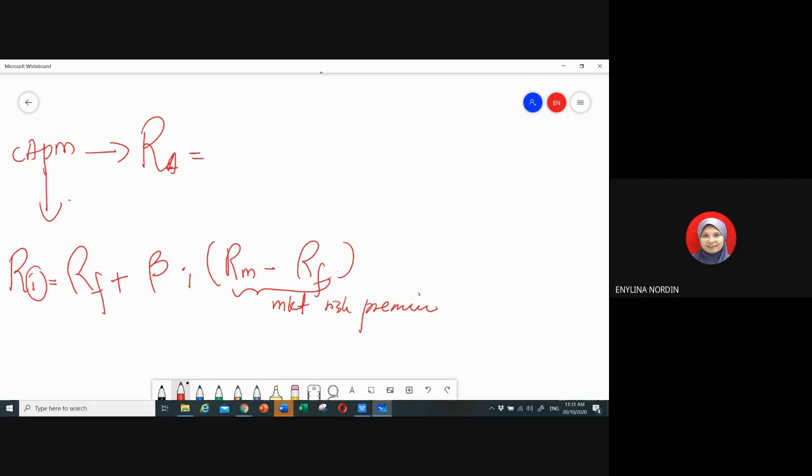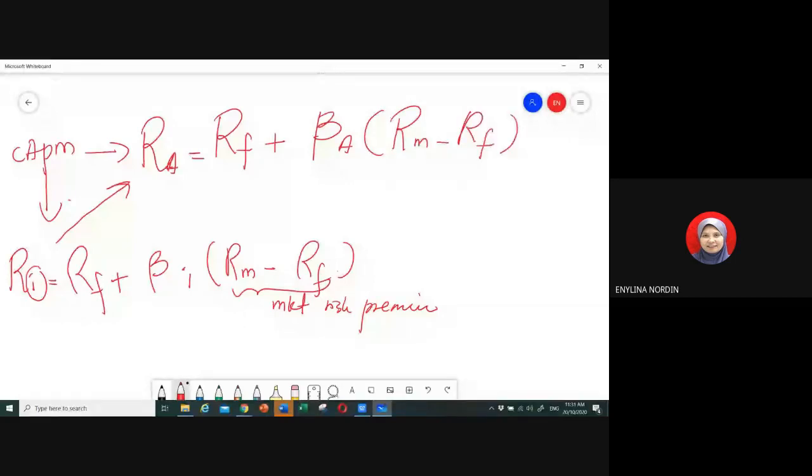Right, let's say kita nak kira untuk stock A. Kalau kita nak apply specifically to stock, okay, we apply it on the specific stock. Let's say kita nak calculate return stock A. So that means applying CAPM, RF plus beta of stock A times market risk premium or market changes, which is measured by RM minus RF.